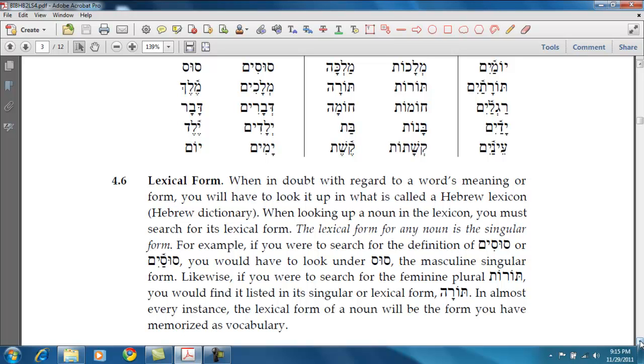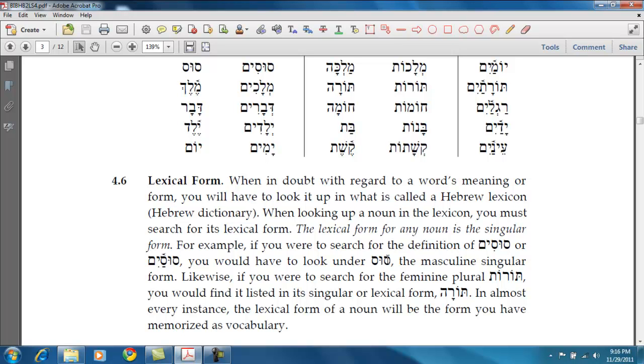The lexical form for any noun is the singular form. So whenever you're looking in the lexicon, you want to look for the singular form, whether it's masculine or feminine. For example, if you were to search for a definition of susim or susot, you would have to look under sus.